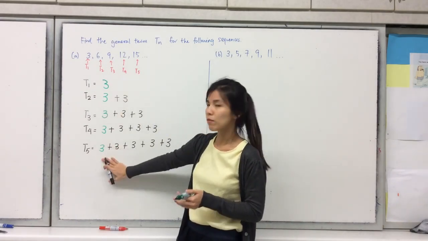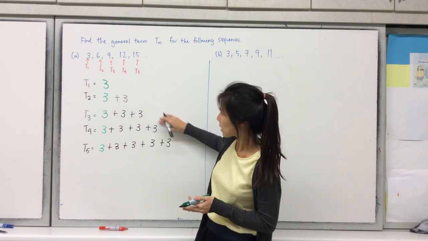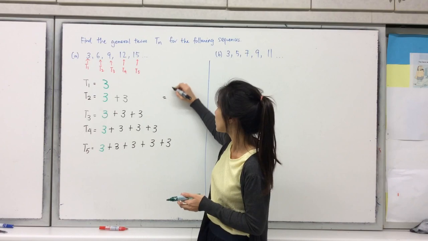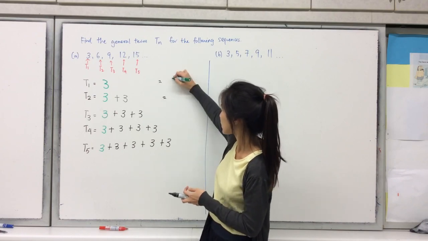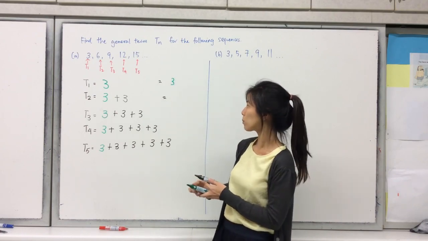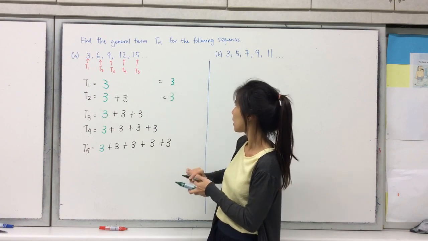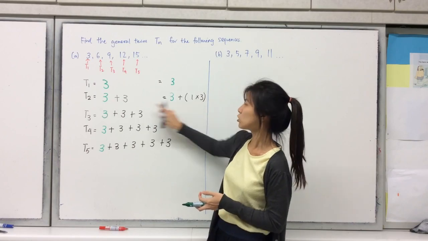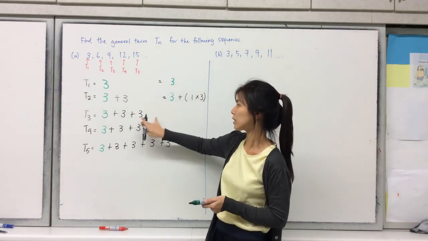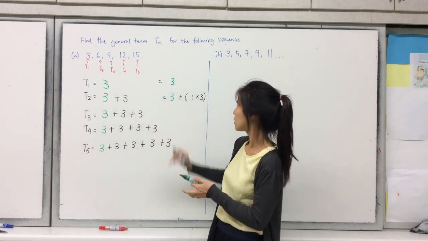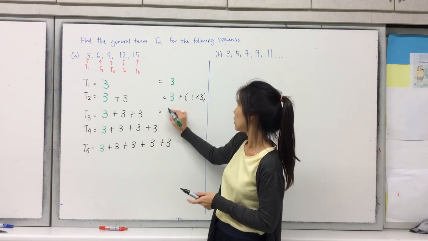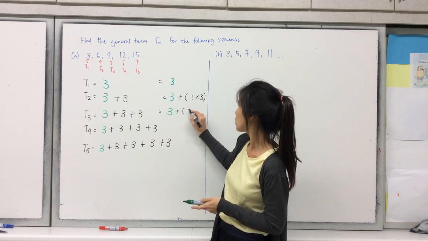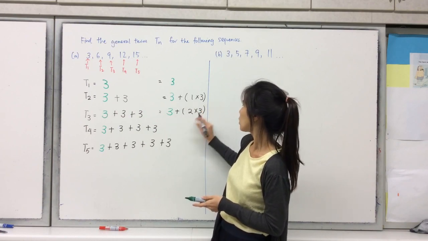This green color 3 remains the same, but the black color ones are always increasing. So we realize that this is actually just the green color 3 here. Term 2 will be 3 plus one 3, one black color 3 over here. Now term 3 will be 3 plus 2 3's.